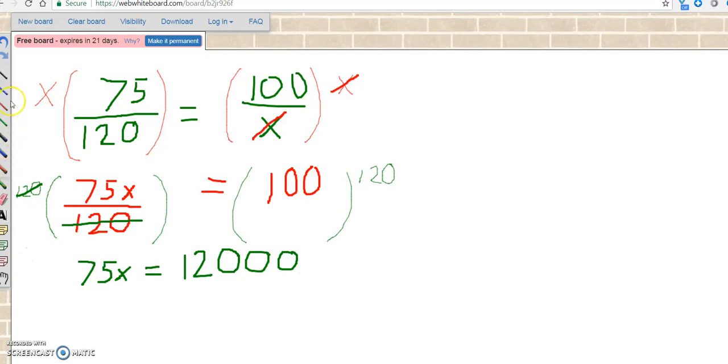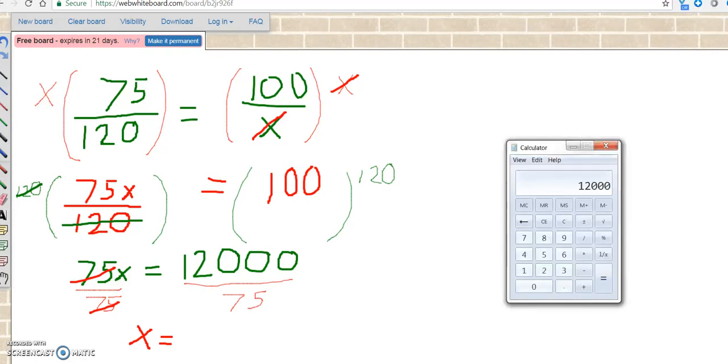Now what we need to do is get rid of the 75. So now we're going to divide each side by 75. Divide by 75. And when we do that, these two 75s will cancel out and give us an x.